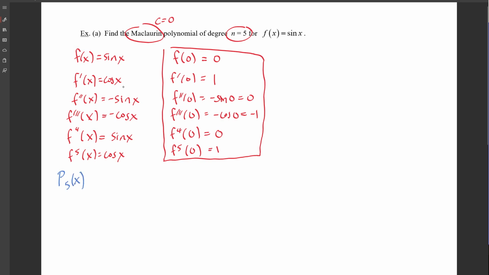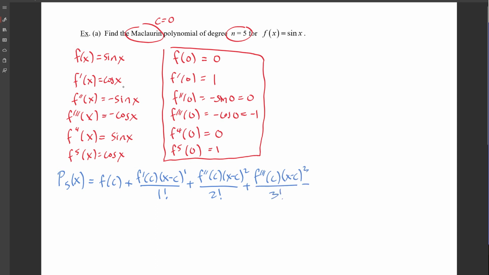Plugging in x, what we get is f at c plus f prime at c, x minus c to the first power over 1 factorial, plus f double prime at c, x minus c to the second power over 2 factorial, plus f triple prime of c, x minus c to the third power over 3 factorial, plus the fourth derivative of c, x minus c to the fourth power over 4 factorial, plus the fifth derivative at c, x minus c to the fifth power over 5 factorial.